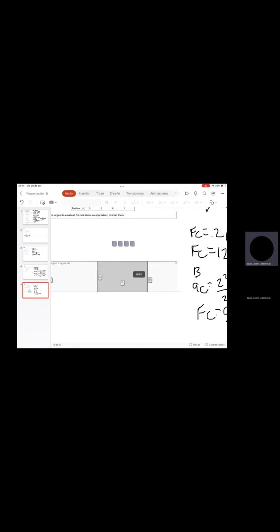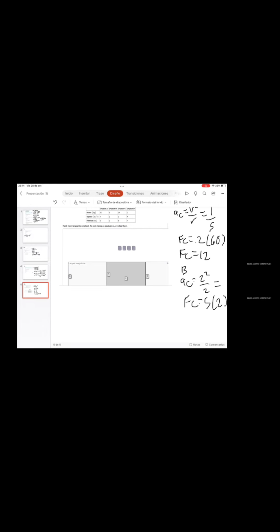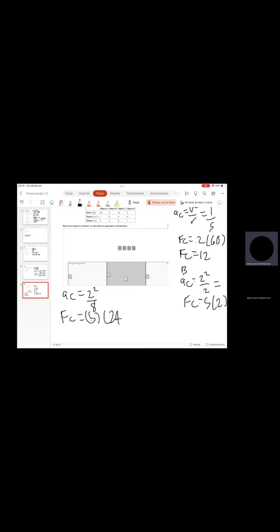Now letter C. The acceleration will be equal to 2 squared over 8, that will be 0.5, and it will be 0.5 times 24, that is the mass. That is going to be 12 also.